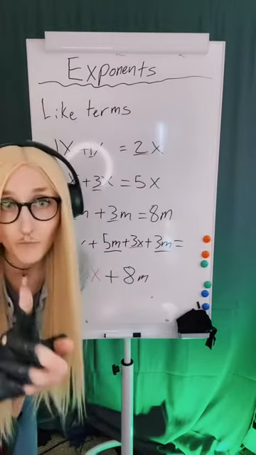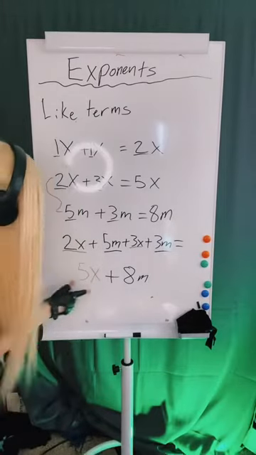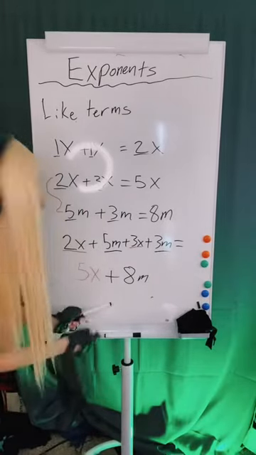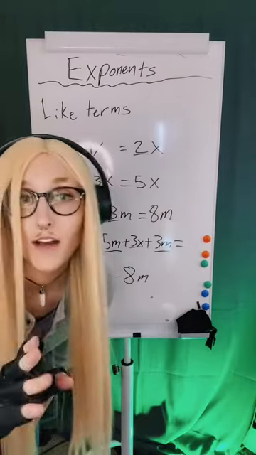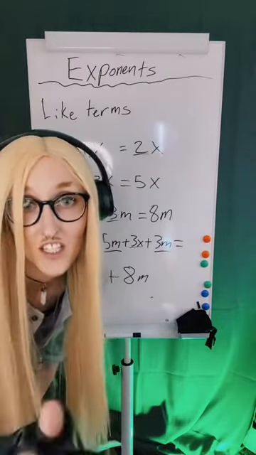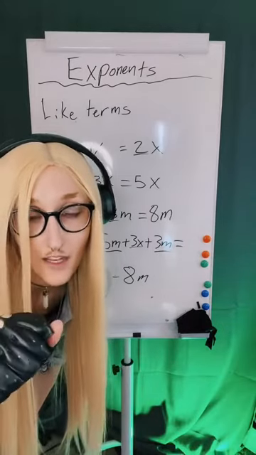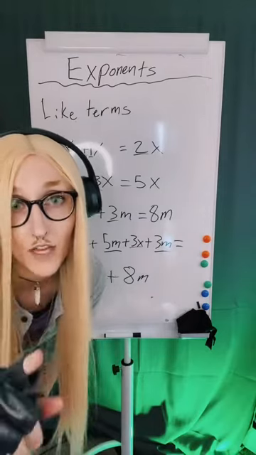I saw some people do this, where they went 5 plus 8 and got 13. I like that you wanted to combine it, right? You did 13xm. I love that you wanted to get it as simplistic as possible, but we can't do that.